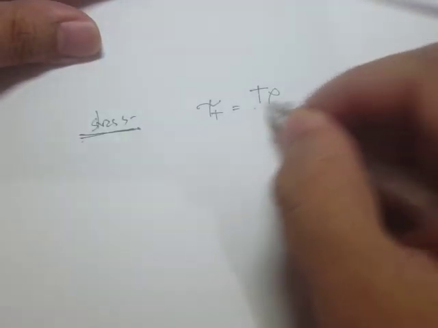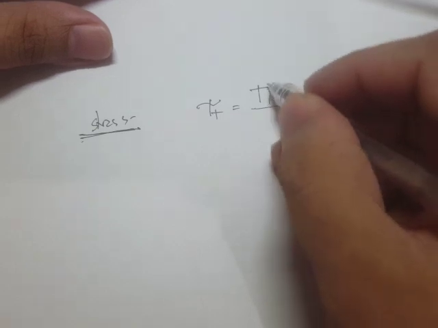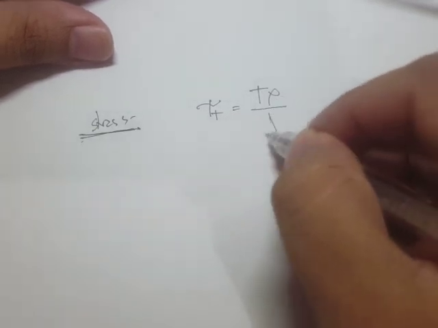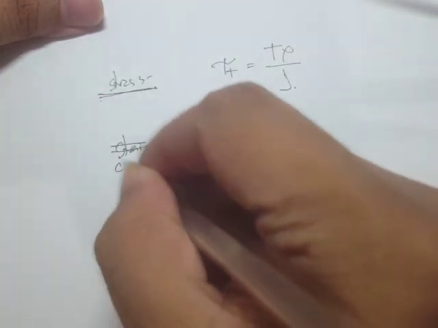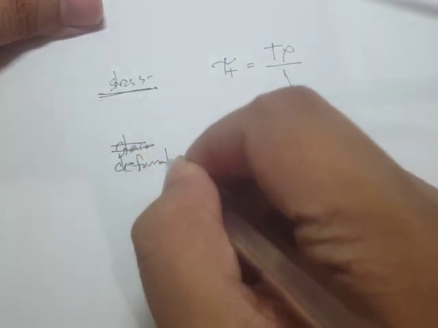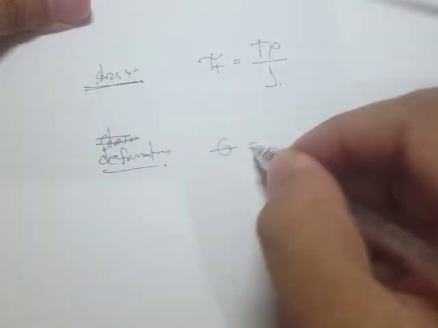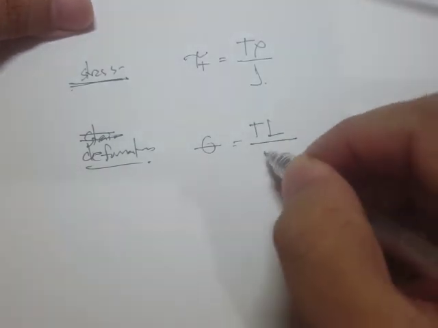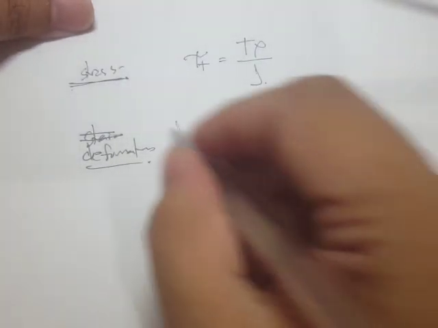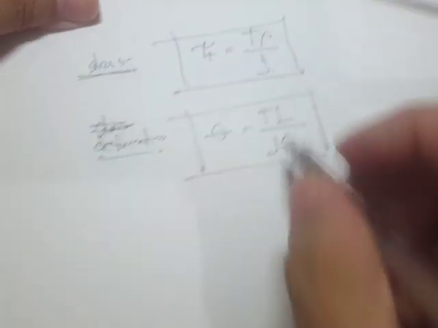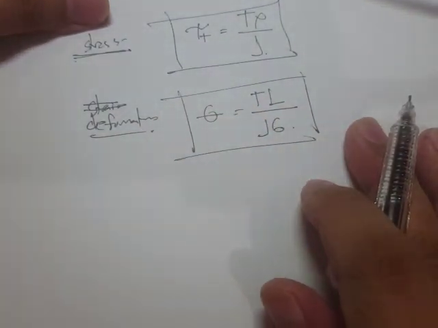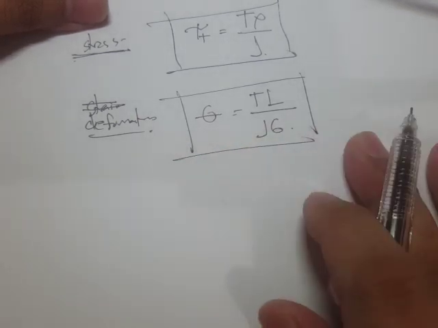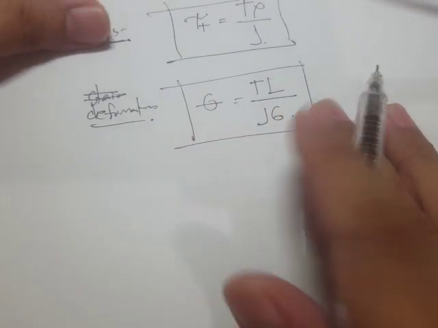It's just T times rho over J, or sometimes I write it as T R over J. And for the strain, or actually we'll just use deformation, right here is going to be our work equation, TL over JG, and that depends because this one only works for constant cross-sectional area or prismatic cross-section and homogeneous materials, constant G.